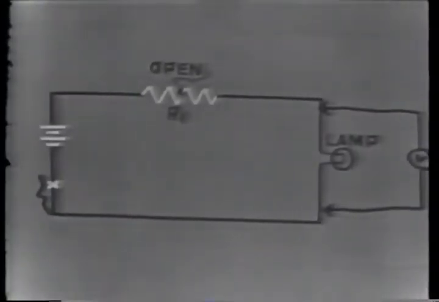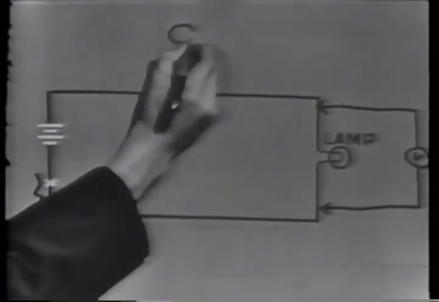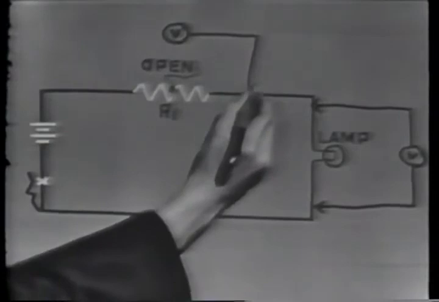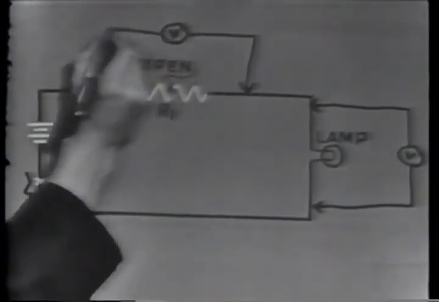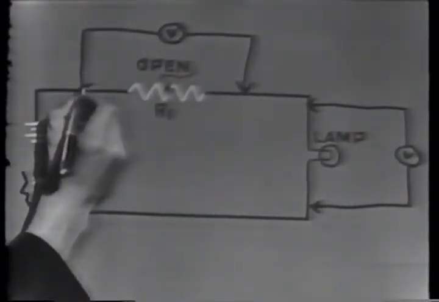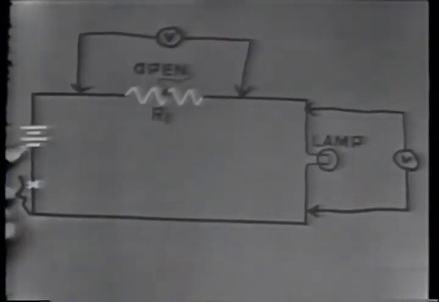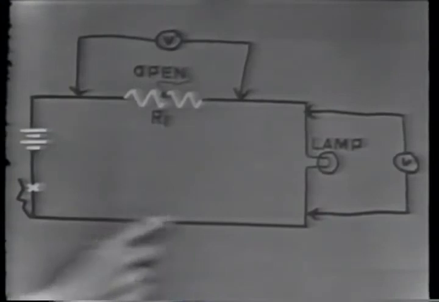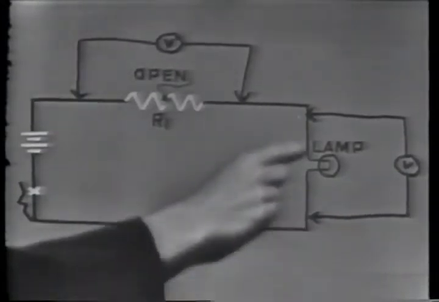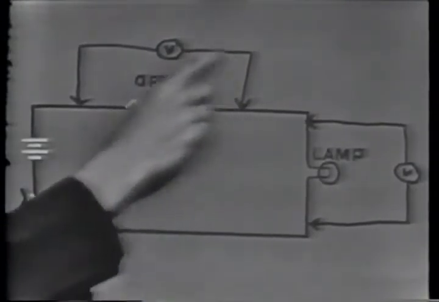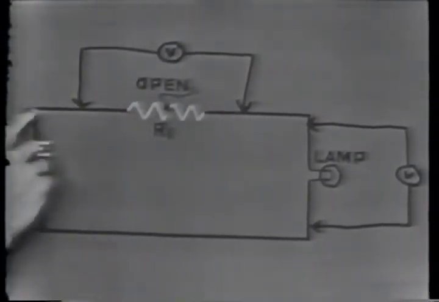Now I'll connect the voltmeter across the resistor. The voltmeter has provided a path for the current to flow. Current will flow from the negative terminal of the battery through the lamp up to the right lead of the voltmeter, then through the voltmeter and to the positive side of the battery.